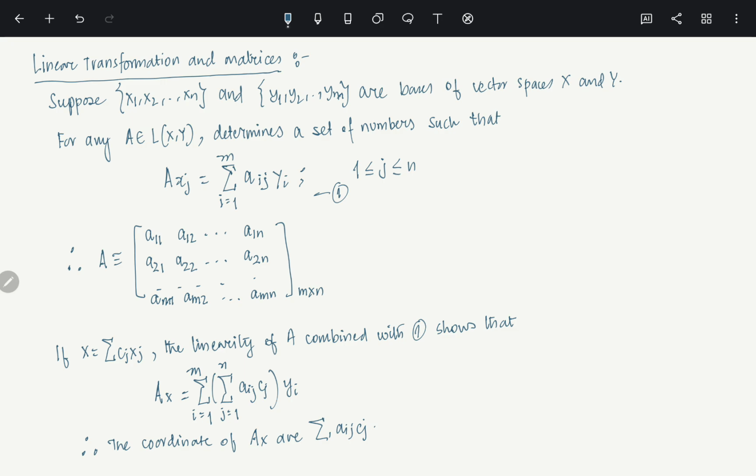This is basically our representation. So given a linear transformation, we can actually write it as a matrix.